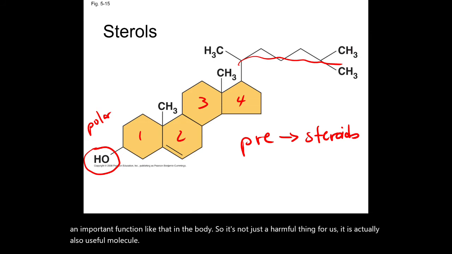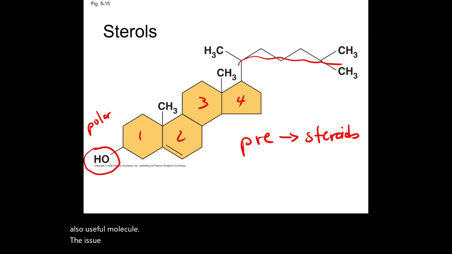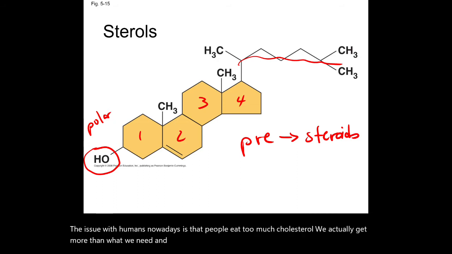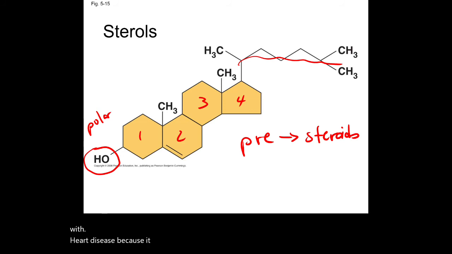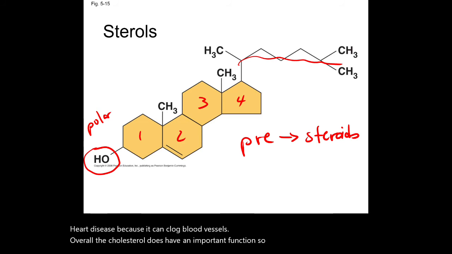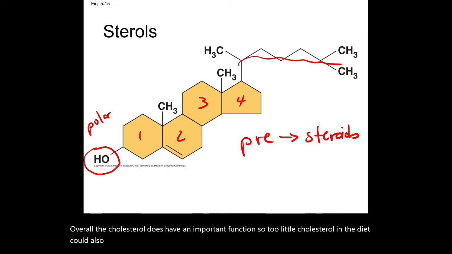The issue with humans nowadays is that people eat too much cholesterol. We actually get more than what we need, and then it can build up in the bloodstream and cause problems with heart disease because it can clog blood vessels. But overall, the cholesterol does have an important function. So too little cholesterol in the diet could also be a problem.